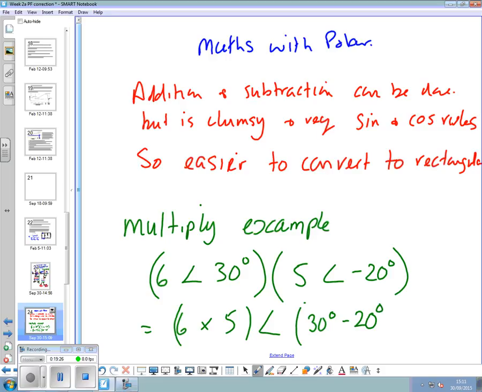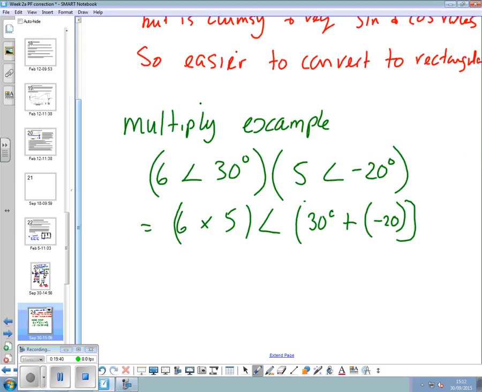I really ought to do this, I'm going to be pedantic about this. Add minus 20. Yep. So that is 30 angle 10 degrees. All right. So multiply the magnitudes, add the angles.